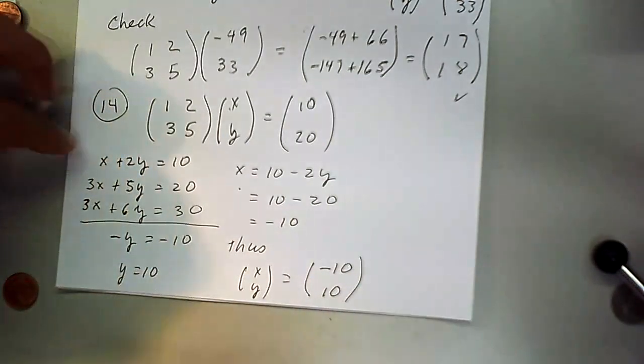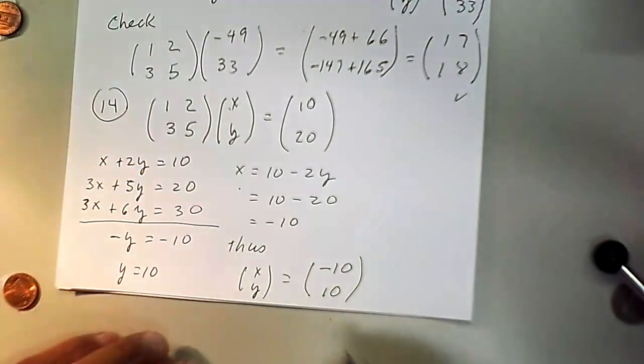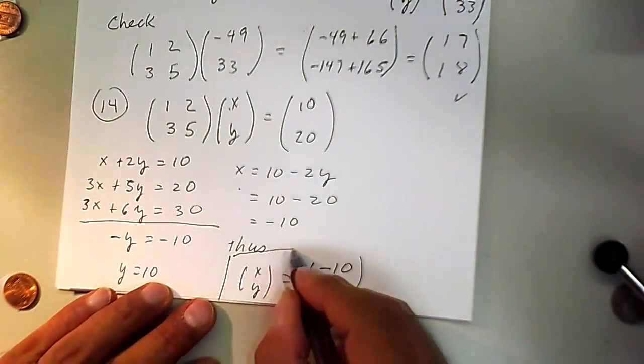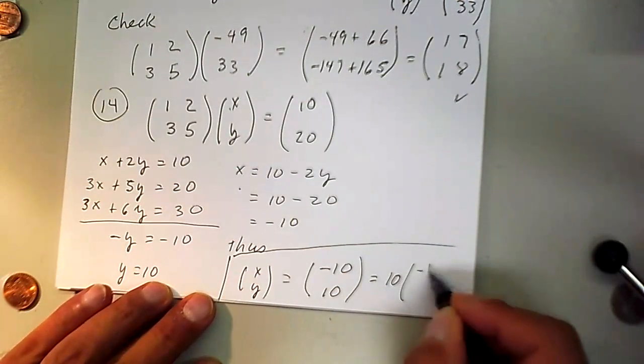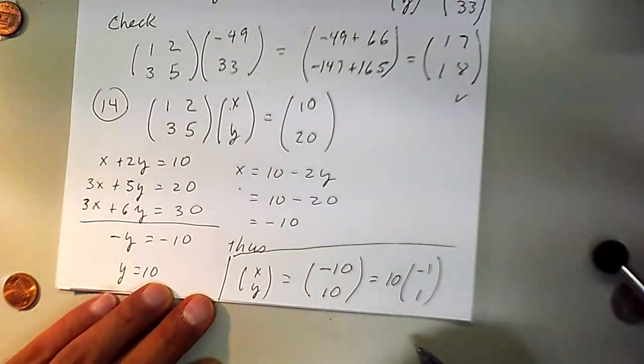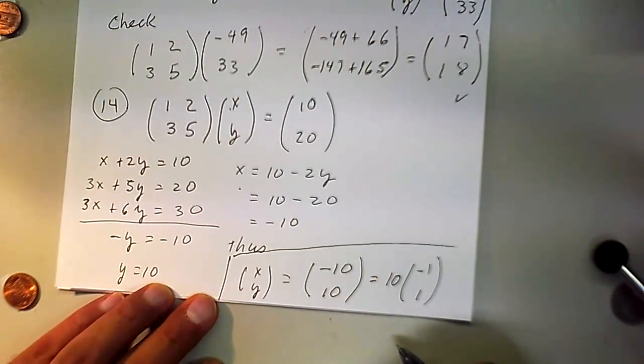And we can factor the 10 out. So this is the answer, or we can factor out the 10 and have negative 1, 1. Interesting. Very, very interesting. And it would work.